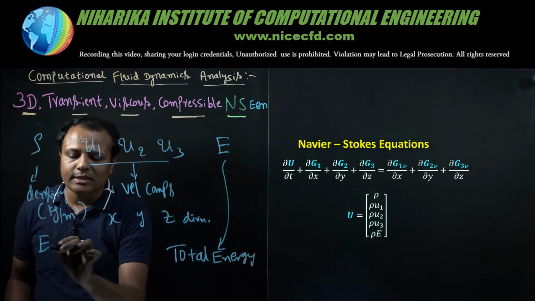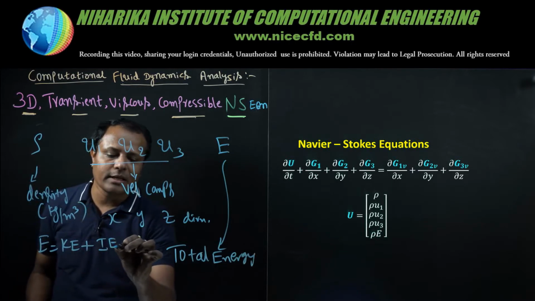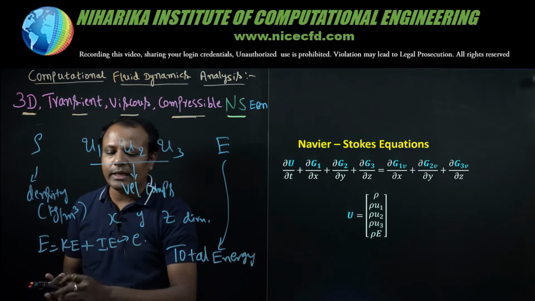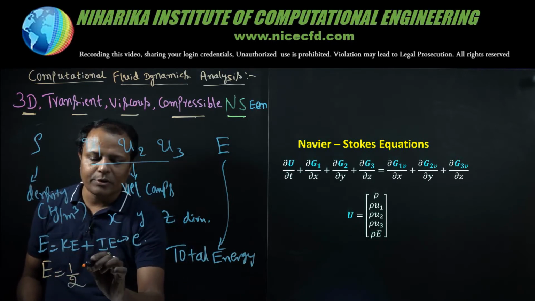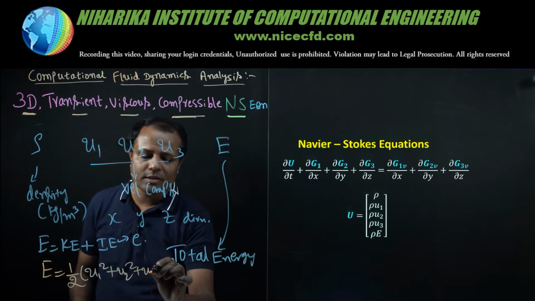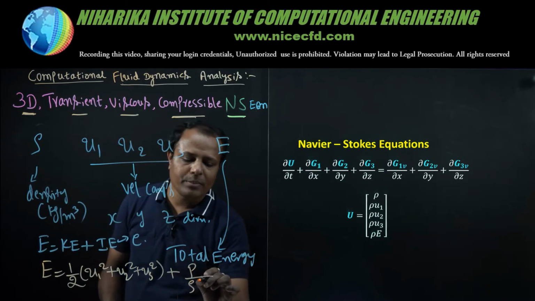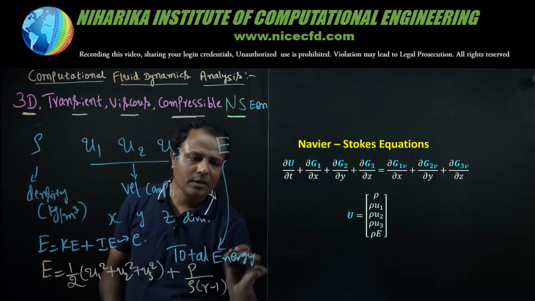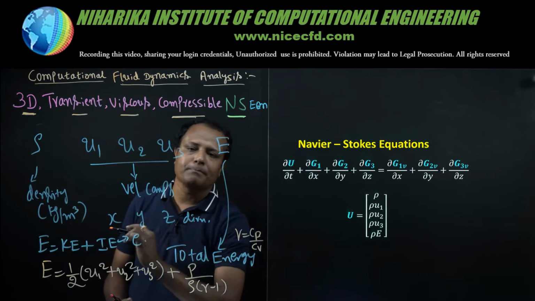Total energy is the sum of kinetic energy per unit mass plus internal energy, which is also called E. So E is given by half into u1 squared plus u2 squared plus u3 squared, plus internal energy, which is given by P by rho into gamma minus 1, where gamma is the ratio of specific heats Cp by Cv.